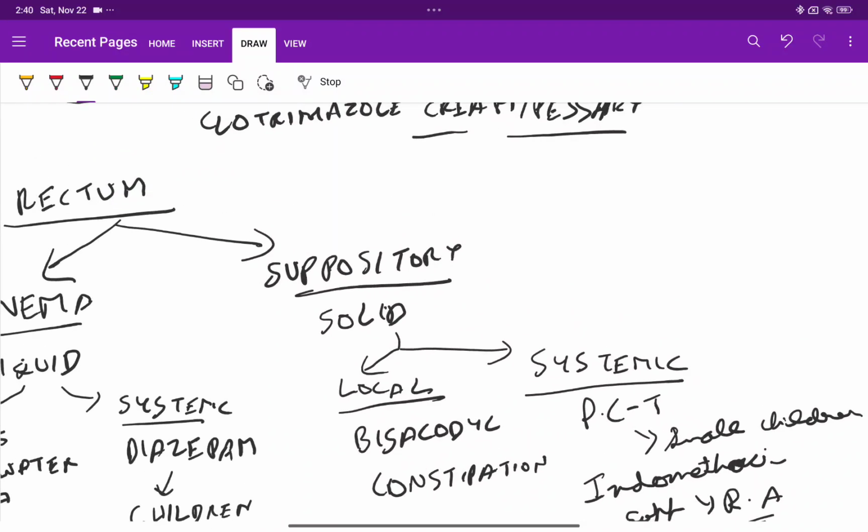Rectal route, what are the main advantages of the rectal route? It has quick onset of action.